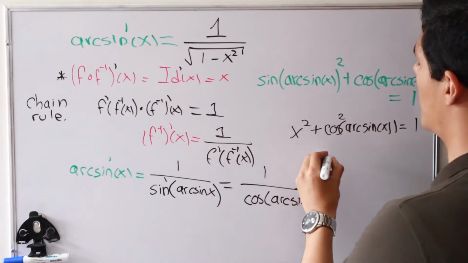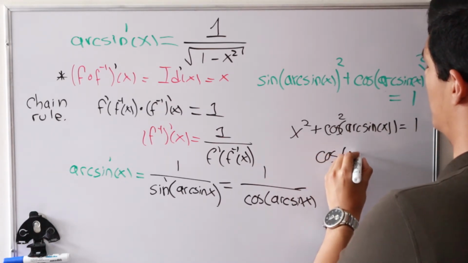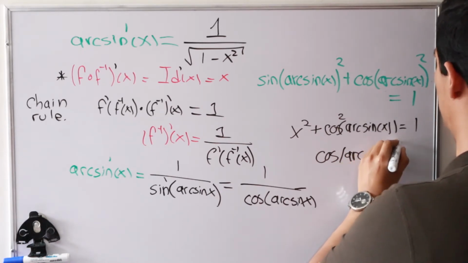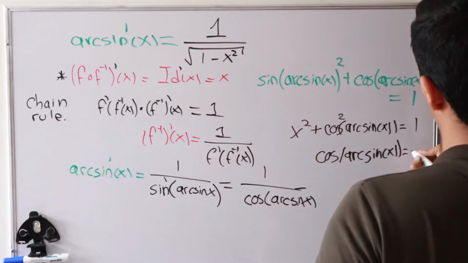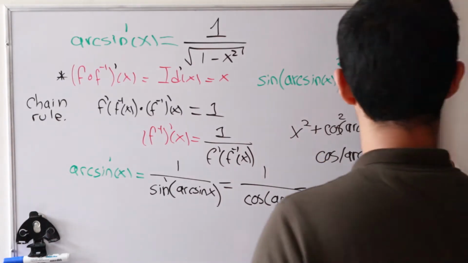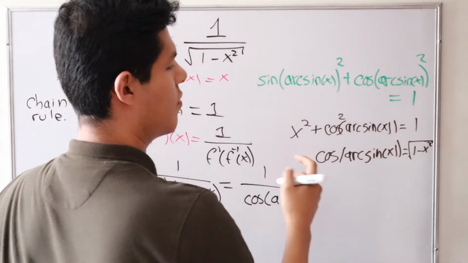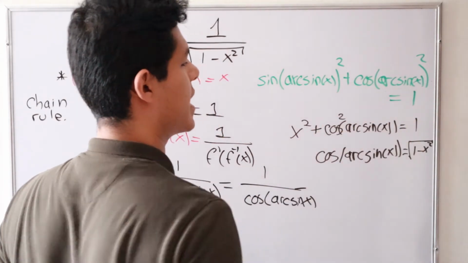So in this case, guys, we have that cosine of arcsine of x equals the square root of 1 minus x squared, by passing this to the other side.